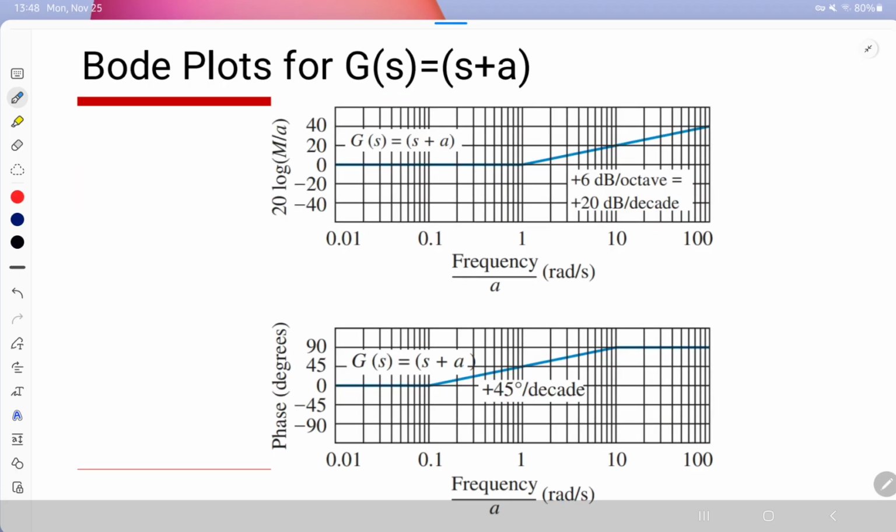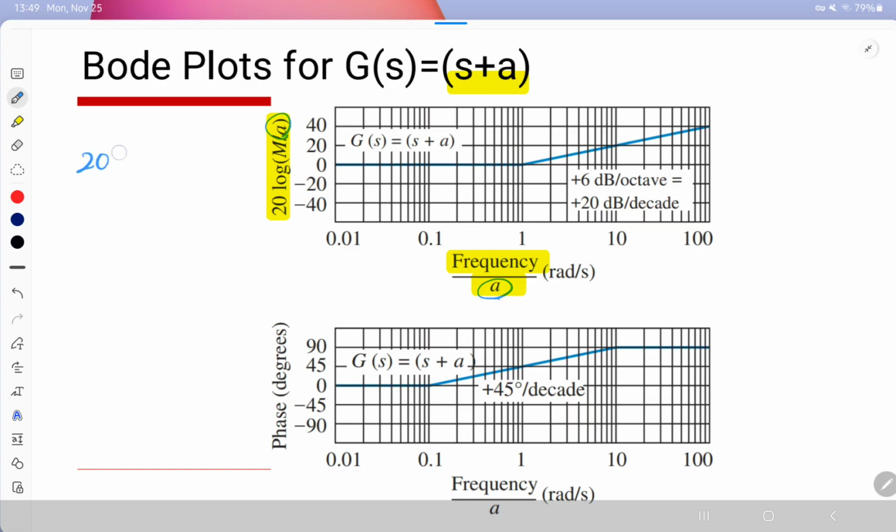Let's quickly work on G of S equal S plus A and plot it. So now, pay attention to this, it is log M over A and frequency over A. Earlier I may have said this is log normalized.